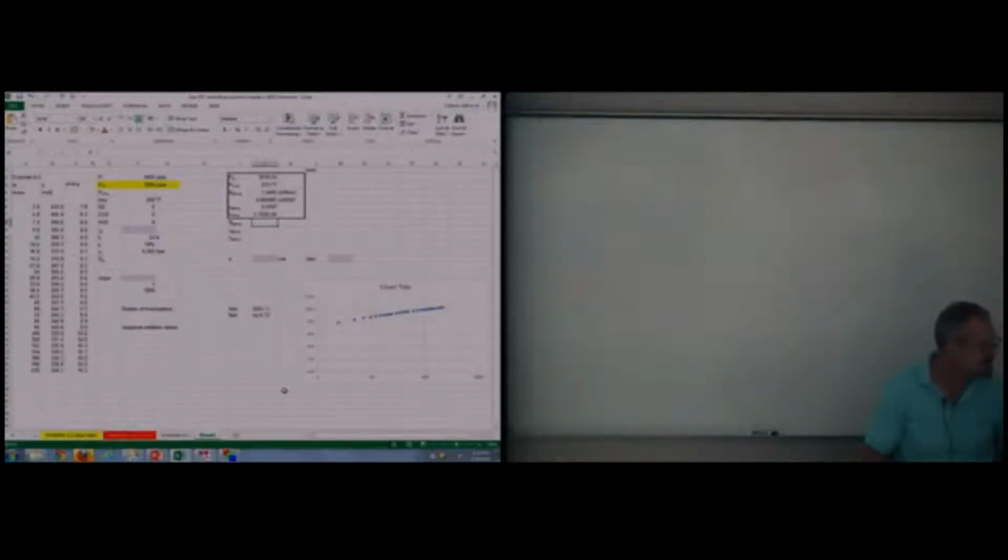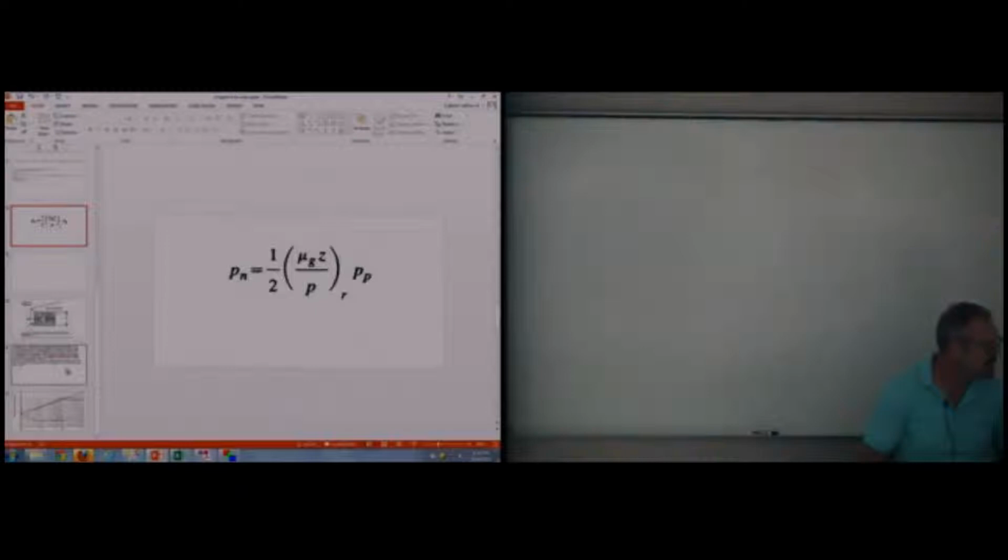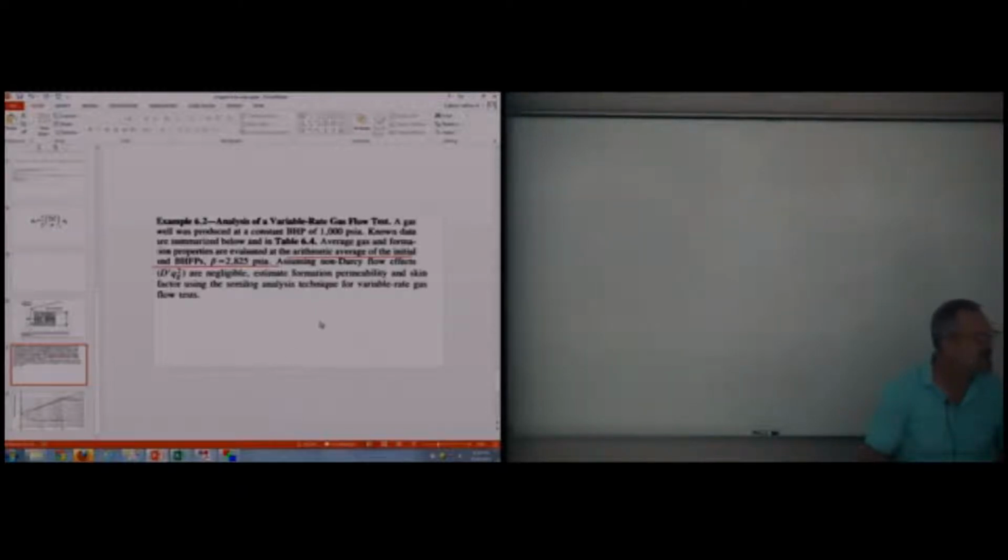It's also important to note, from my PowerPoint: a gas well was produced at constant rate, and average gas properties are evaluated at the arithmetic average of initial and bottom hole flowing pressures.